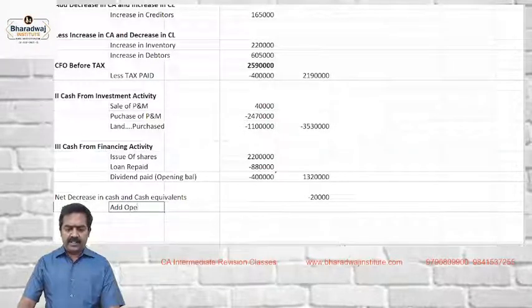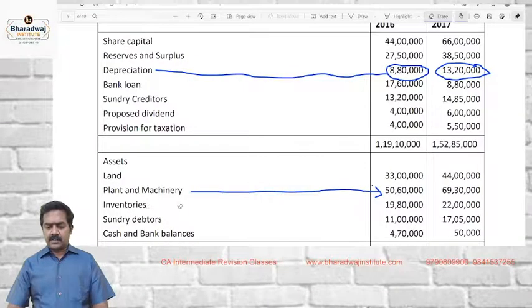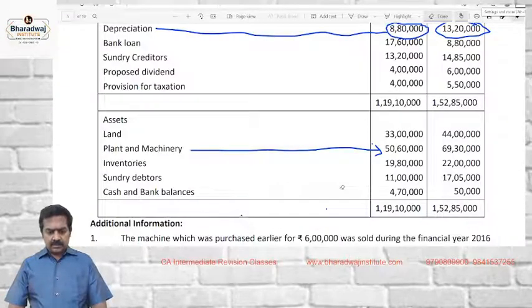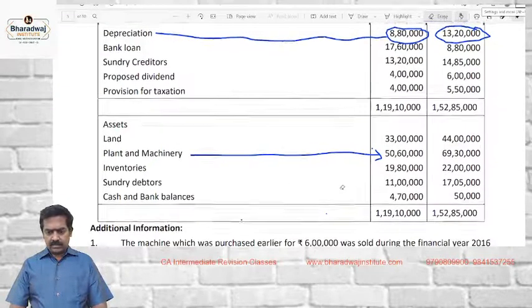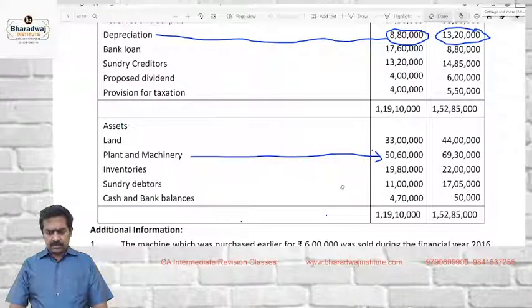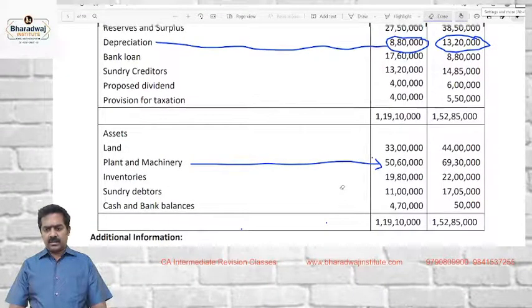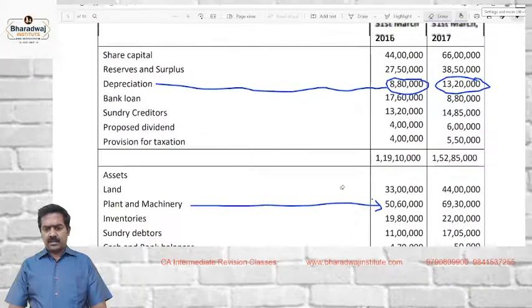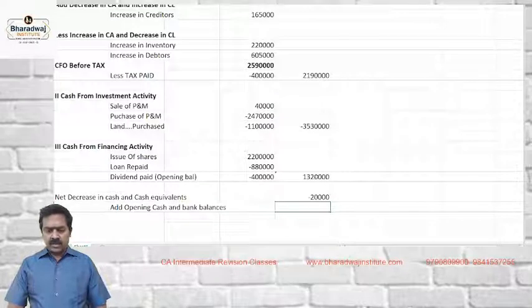Add opening cash and bank balance. What is the opening cash and bank balance? 4 lakh. Is there a mistake? Check if there is a mistake. What is the answer before this?